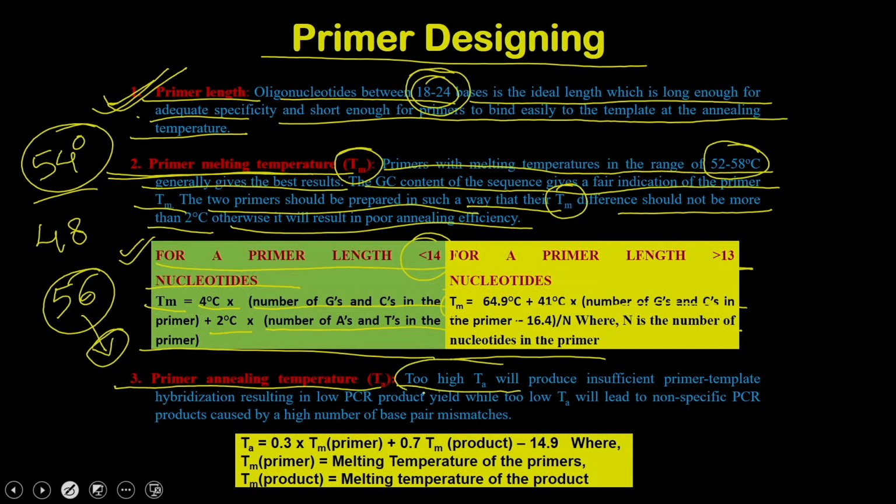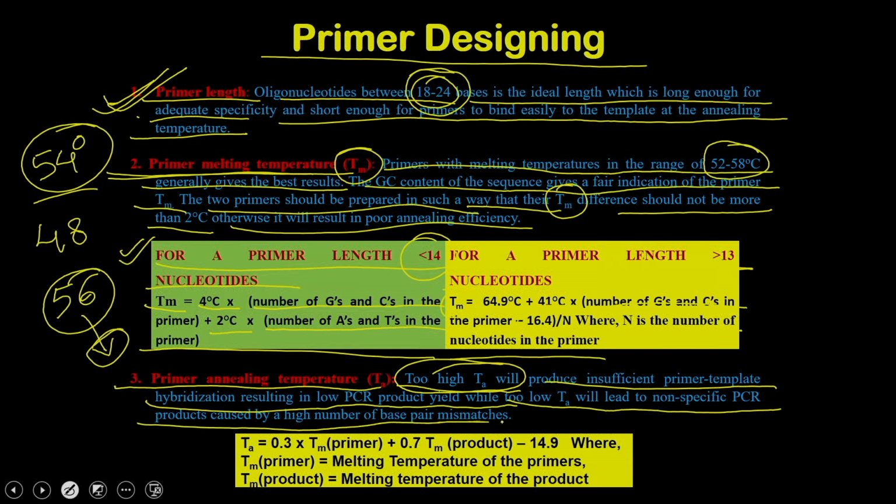Too high an annealing temperature provides insufficient primer-template hybridization, resulting in low PCR yield, whereas too low an annealing temperature will give non-specific products caused by a high number of base pair mismatches. And the Tm is directly or indirectly related to the Ta, the primer annealing temperature.